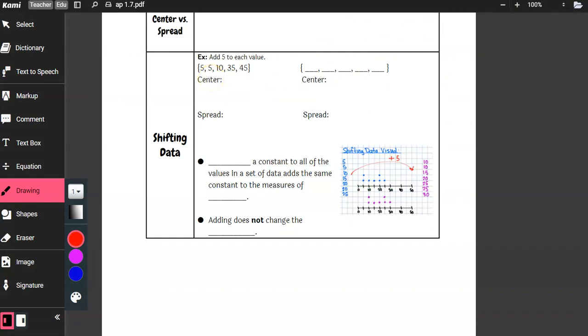And now to talk about shifting data, consider this example here. You have a list 5, 5, 10, 35, and 45, and it's telling you to add 5 to each value. So to each of these numbers, add 5 to it, and we're going to compare what happens when we add a value to each of the numbers.